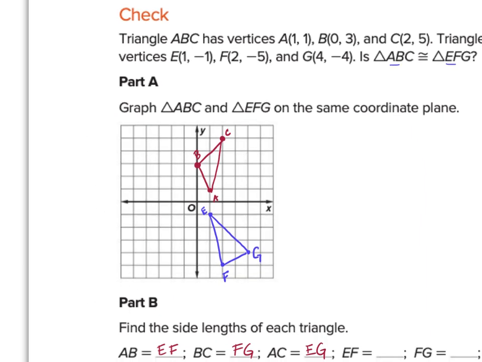I just said BC should be congruent to FG, and then when we look at AC, it should be congruent to EG. I don't really know for sure about that one. So I'm unsure, just given that this is the shape of the triangle.